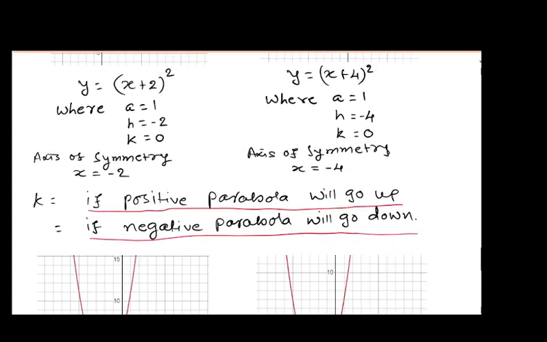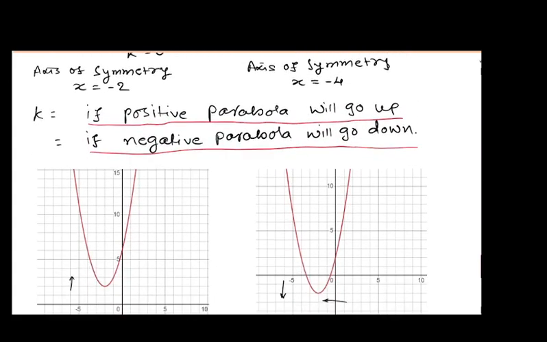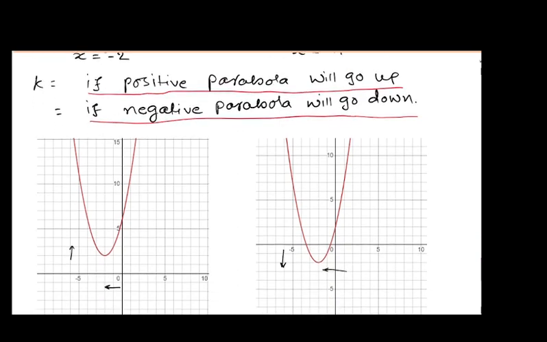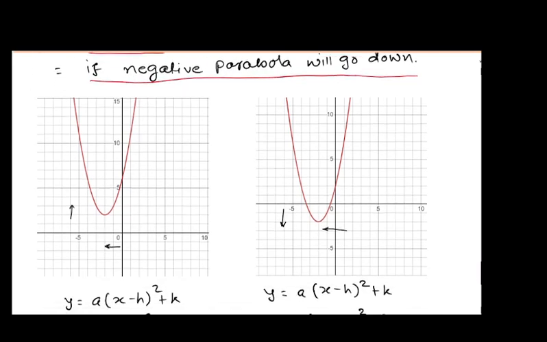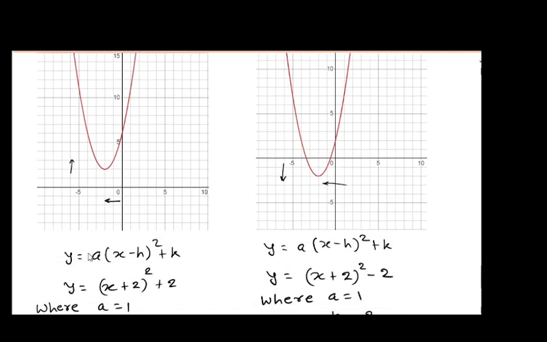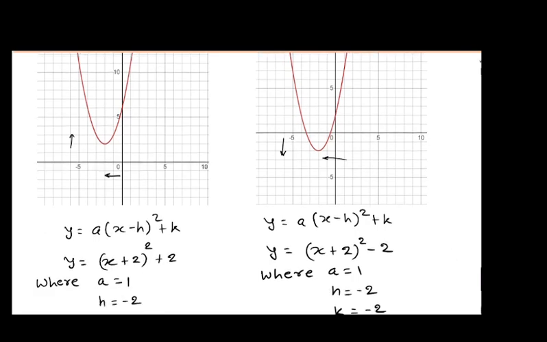Now what happens if k value is changing? If k value is positive, then parabola will move up, and if k value is negative, then parabola will move down. So in this equation, if I have y is equal to (x plus 2) square plus 2, and here my standard equation is y is equal to a (x minus h) square plus k. So what happens over here?